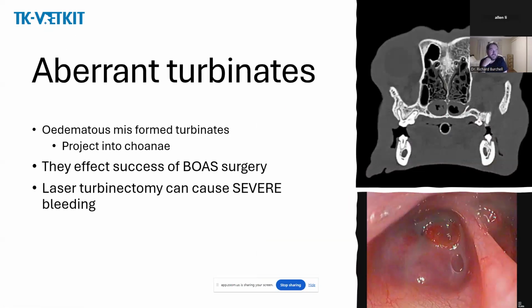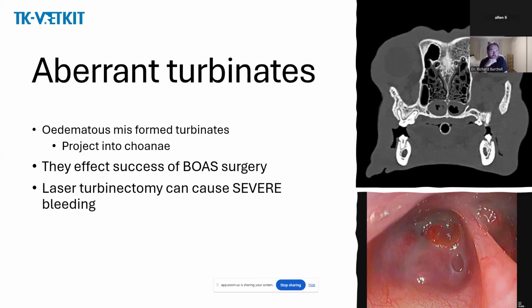Okay, so aberrant turbinates are edematous, malformed turbinates that will project into the back of the nose. On the CT image, I don't know if you can see my pointer, but just above the cross-section of the ET tube, you'll see two sort of misshapen black holes that correspond to the choana, and that's lined by turbinates and mucosa, and that should be open.